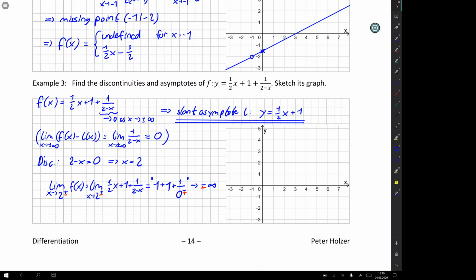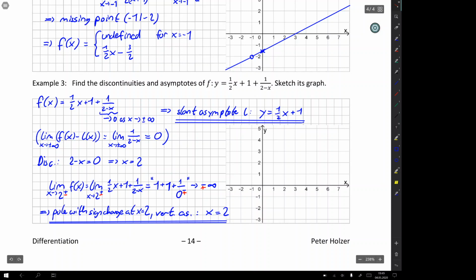So what type of discontinuity do we have? Well, we have a pole with a sign change, and this means we have a vertical asymptote there. So pole with sign change at x equals 2 and the vertical asymptote at x equals 2.